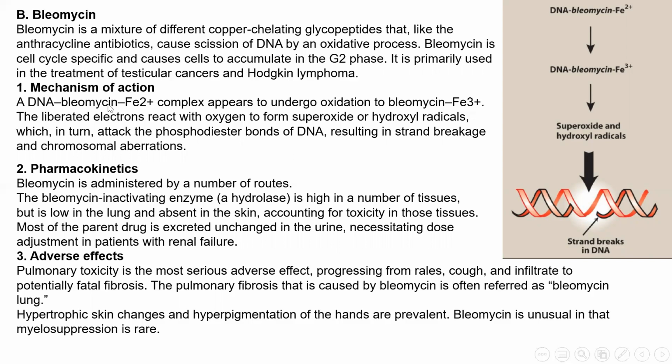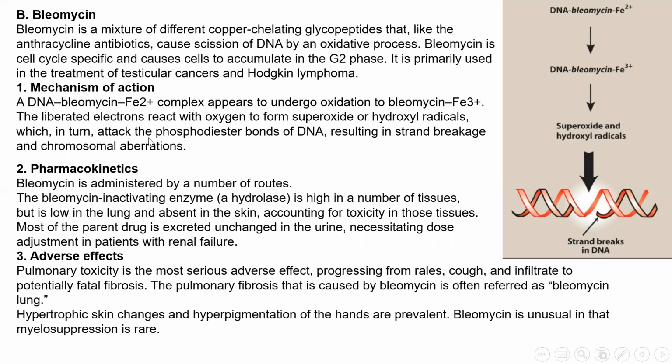Bleomycin is cell cycle specific, and this is the only exception. All of the drugs in this class are cell cycle non-specific, except bleomycin. It is cell cycle specific and causes cells to accumulate in G2 phase. It is used mainly to treat testicular cancers and Hodgkin's lymphoma.